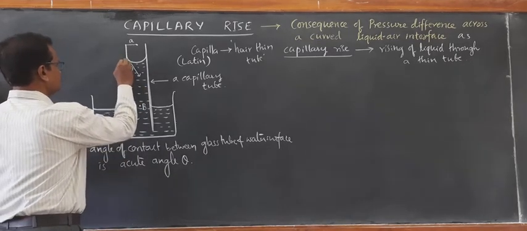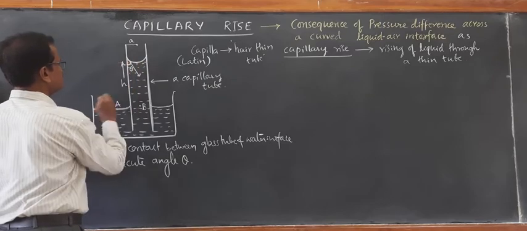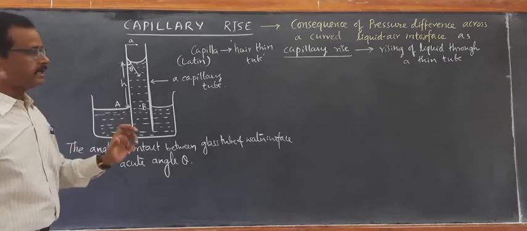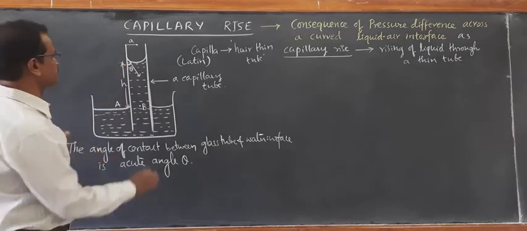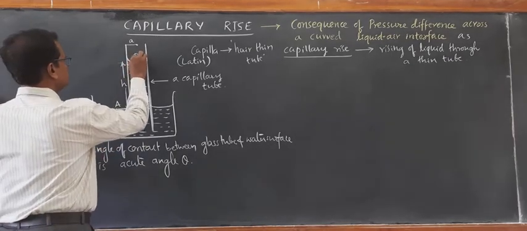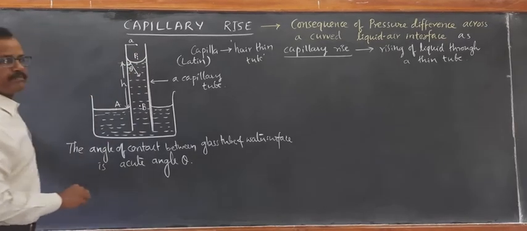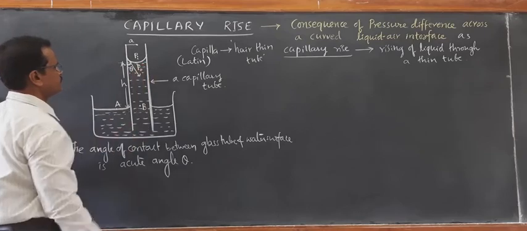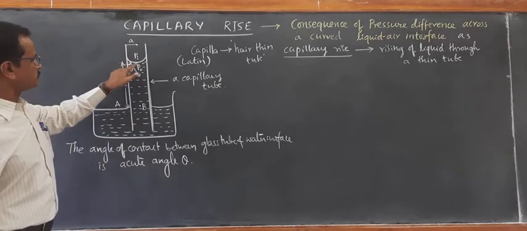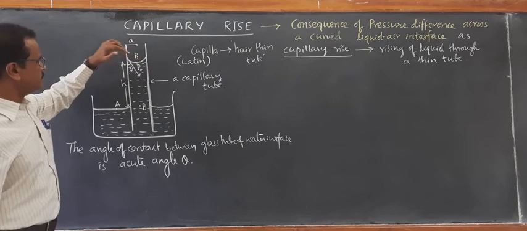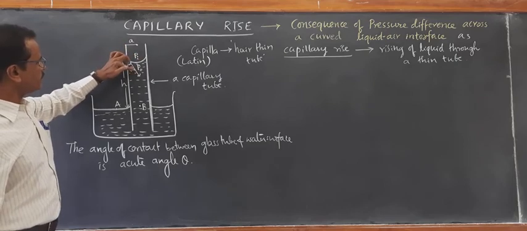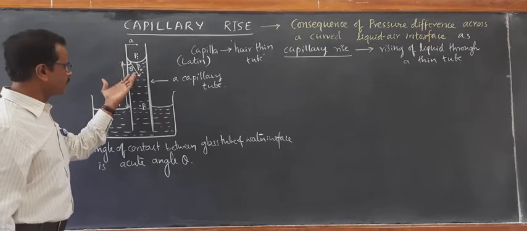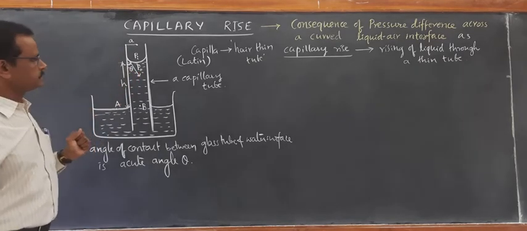So this rise in the level of water from the water surface is explained again as a consequence of pressure difference. You see here, this is internal pressure Pi, and here is the external pressure P naught. The internal pressure Pi on the concave surface is more than the external pressure P naught, which is there inside the liquid on the convex surface. Right?